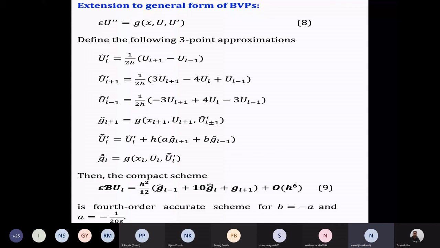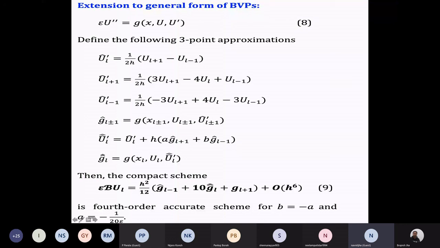Okay, coming back, the previous equation consists of epsilon u double derivative equal to g of x. So the second derivative was there only, that was the diffusion term only. Now I am going to incorporate the convection term, that is the u first derivative. For the first derivative, I have used 3 approximations, at l, l plus 1 and l minus 1, and these approximations are defined like this.